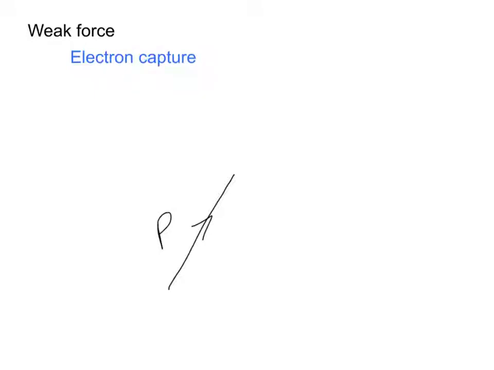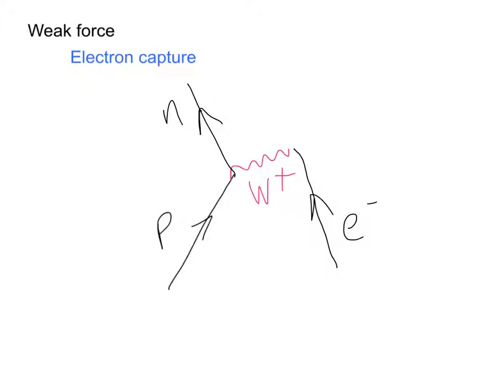Okay, and this happens as a result of the W plus boson, and our proton again turns into a neutron, and the captured electron from the inner electron shell goes into a neutrino. Charge below, we've got positive and a minus, makes it neutral, and above, again, we've got neutron and neutrino, makes the charge neutral.